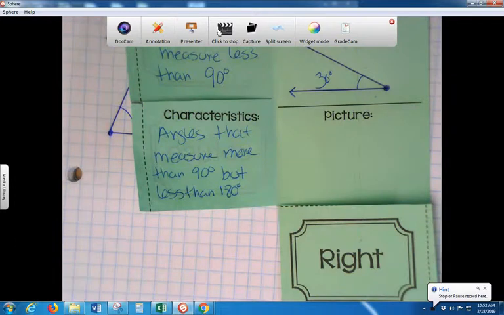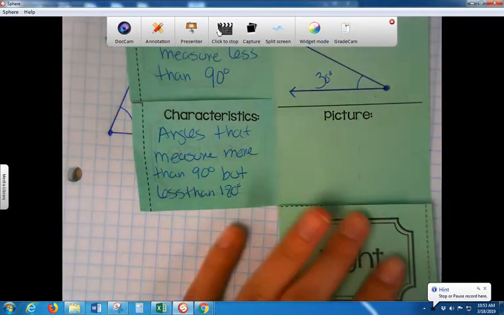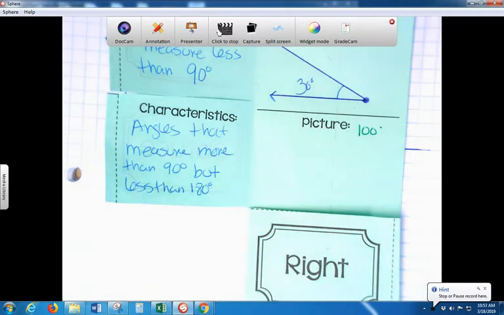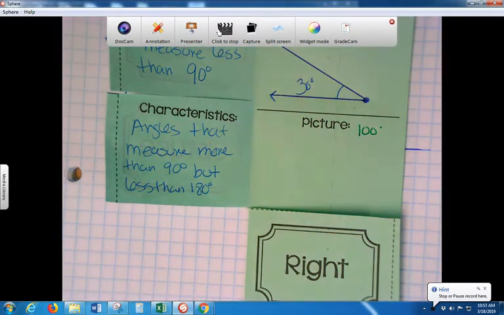Okay, so let's do a 100-degree angle. So, draw a 100-degree angle. If you can do it ahead of me, awesome.